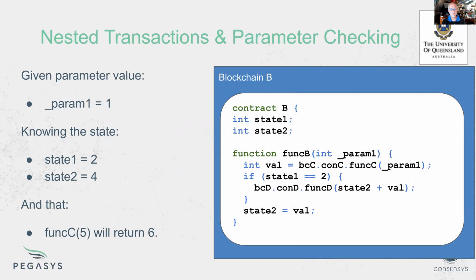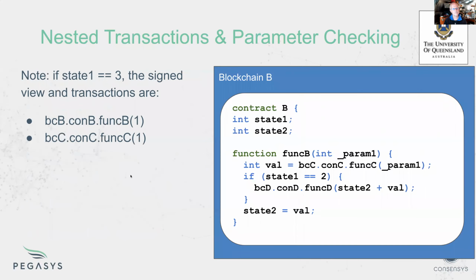And if you know how function C works in its state, then you might know that it will return 6 to val. Though you should note, of course, that if the state is a different value, then different functions get called, and so the signed transactions that need to be created are different.